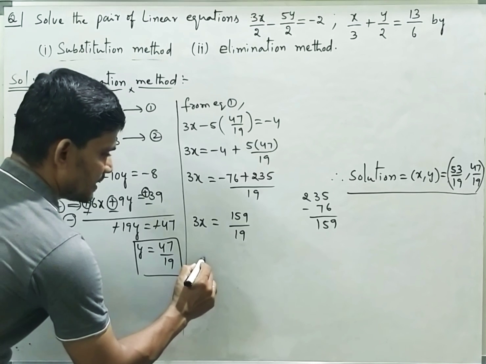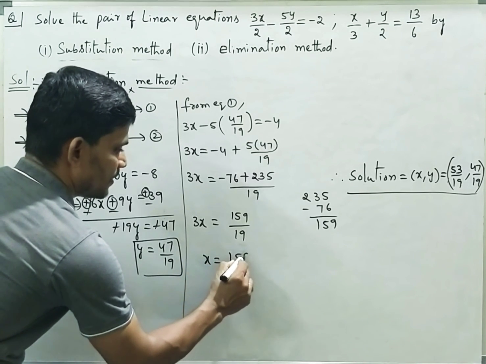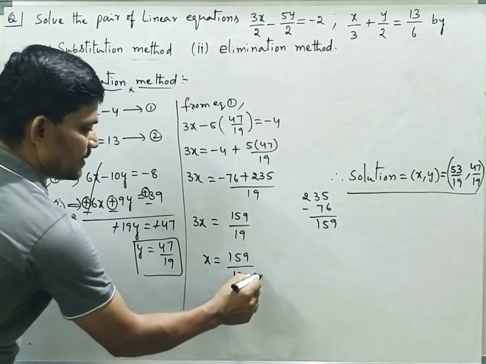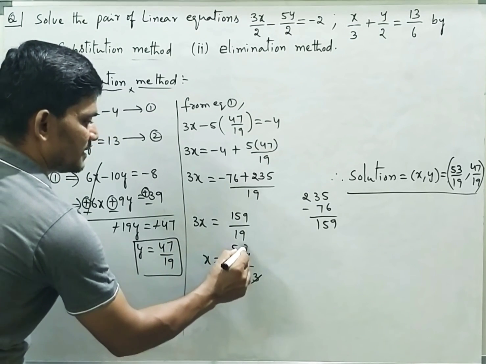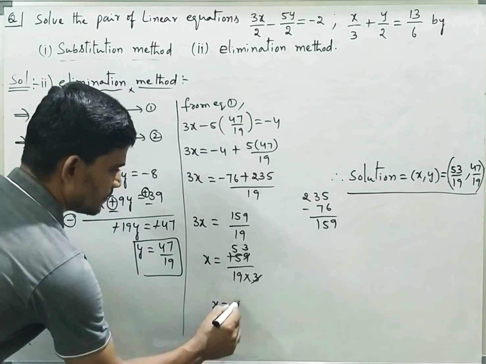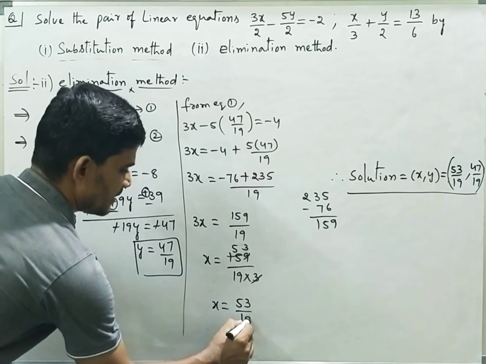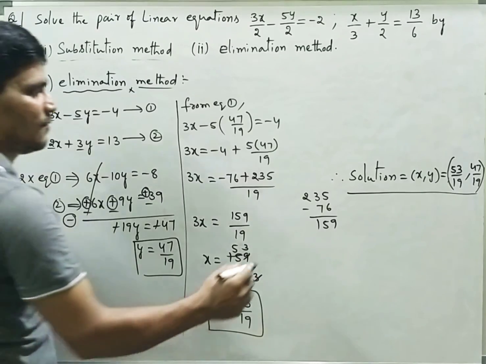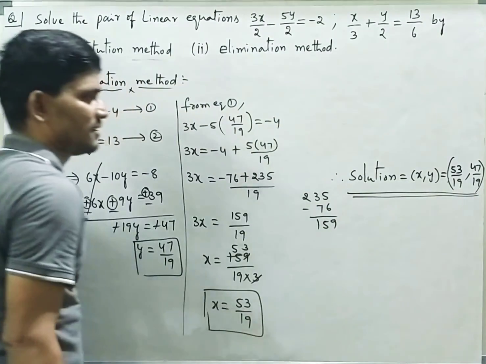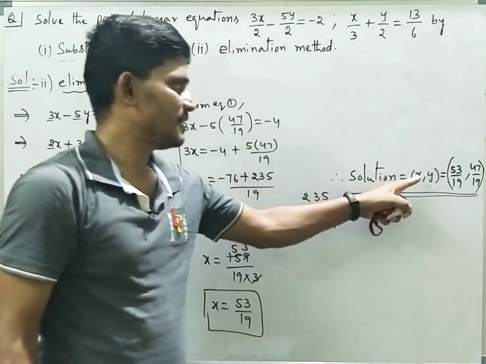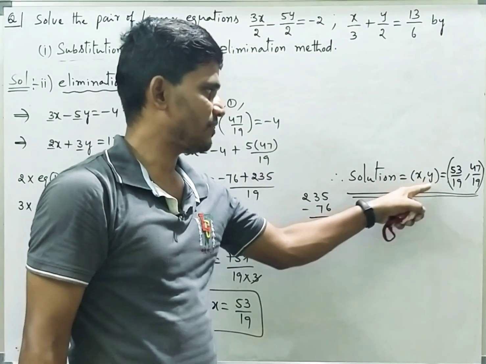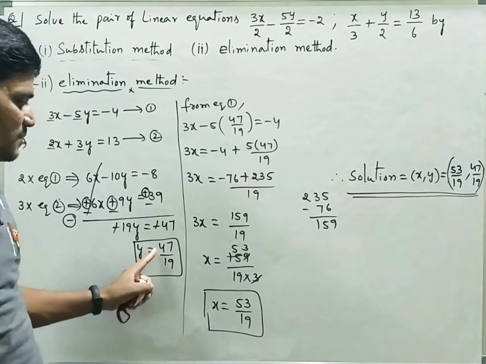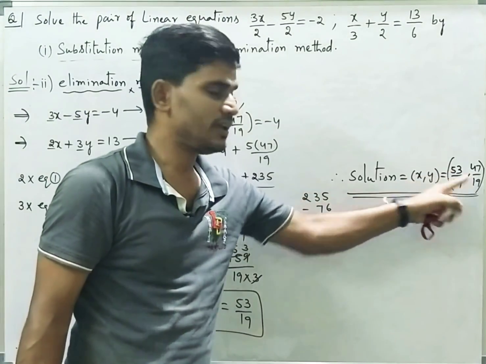So x is equal to 159 by 19 into 3, the 3 goes into the denominator, 3 5s, 3 3s, x is equal to 53 by 19. Therefore, what is the solution? The solution is a pair of x and y. What is the x value? 53 by 19, and the corresponding y value is 47 by 19.